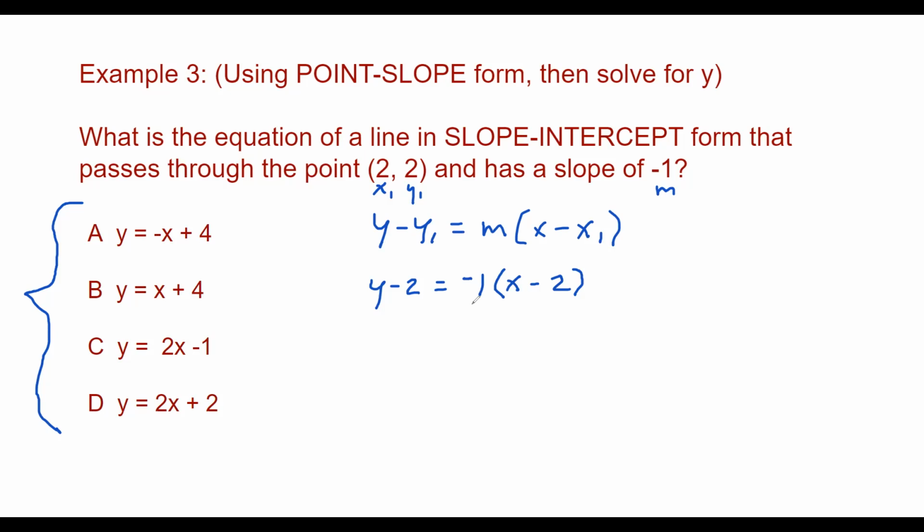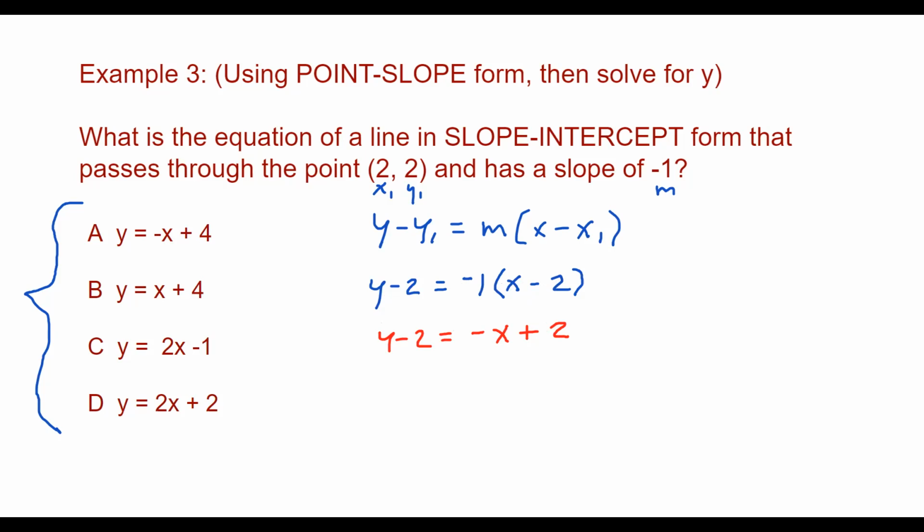So the first thing I'm going to do is multiply this -1 into the parentheses. And I'm going to get y minus 2 equals -x plus 2. When we multiply by -1, it changes the sign of both of these things. So x becomes -x, -2 becomes +2.